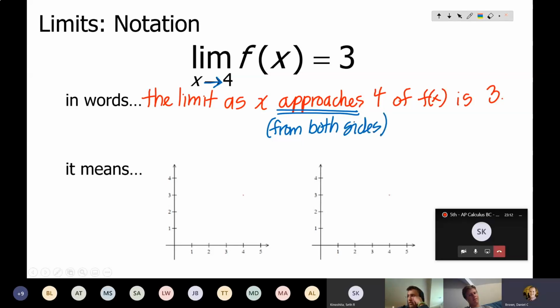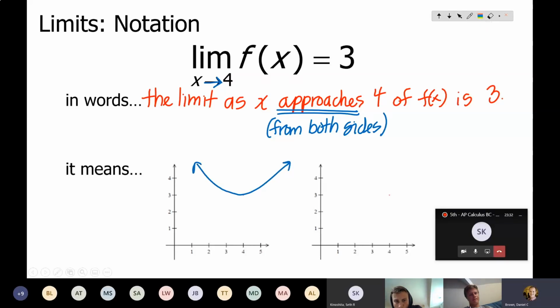I do have just kind of 2 blank graphs right now. I'm going to draw 2 separate graphs that will both have a limit as X goes to 4 being equal to 3. So one graph I might draw, I'm just going to draw a basic quadratic.